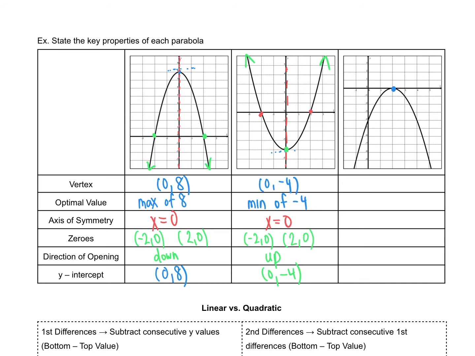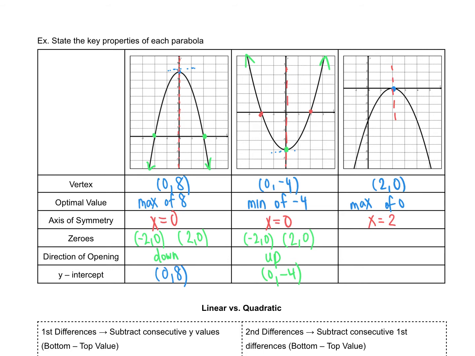So your vertex is right over here, which is 2, 0, 0 because you're not going up or down on the y-axis at all. This is a maximum because there is nothing above the vertex, and it's a maximum of 0. And our axis of symmetry, if I draw that vertical line, I pass through 2 on the x-axis, so x equals 2.